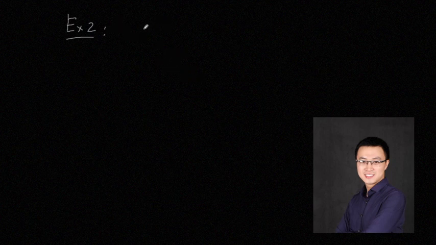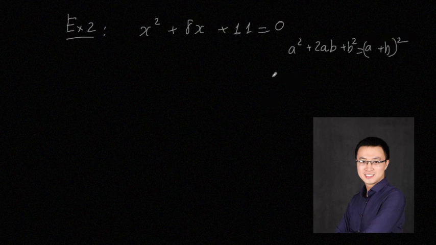Example 2. You have x squared plus 8x plus 11 equals 0. It is quite easy to recognize that we use a squared plus 2ab plus b squared equals (a plus b) squared. So I take x for a.